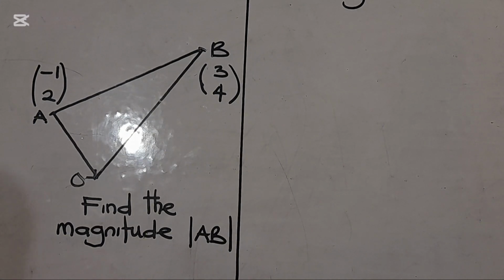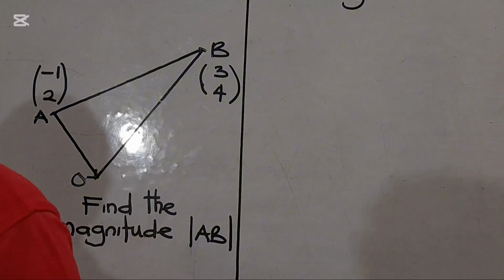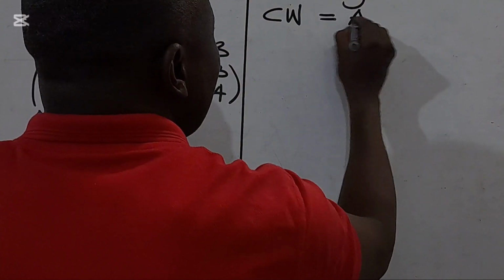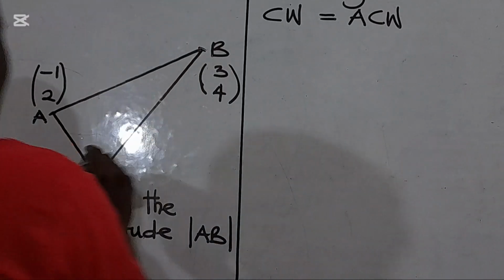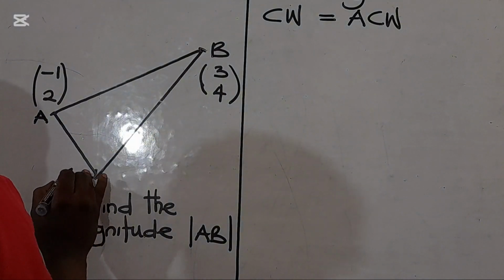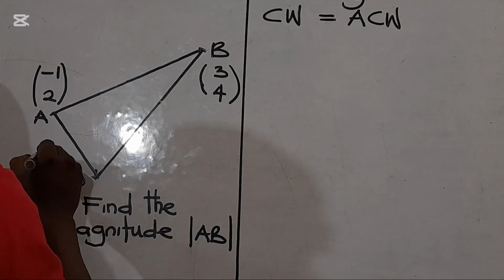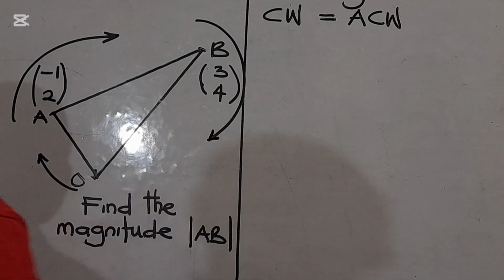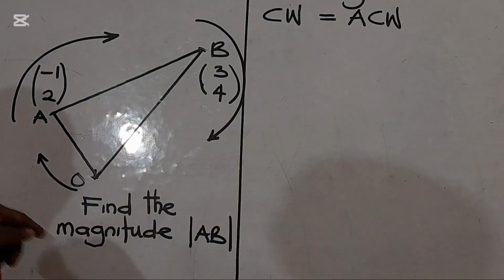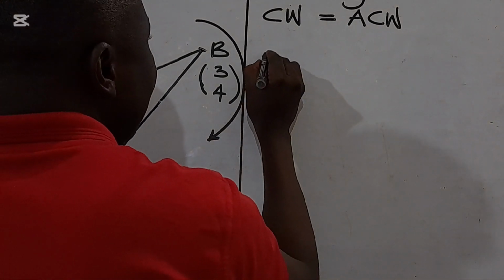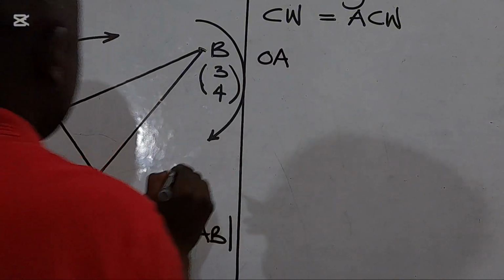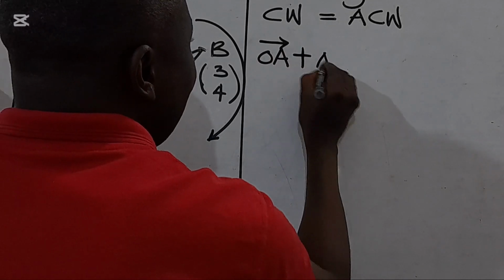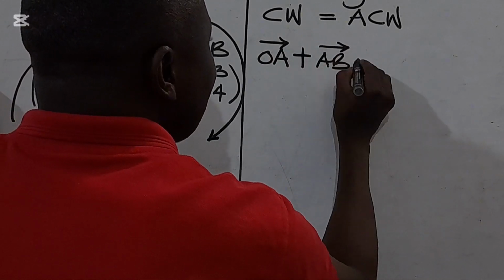Just as we've said, following that rule, clockwise equal to anti-clockwise. Go this way from our reference. OA is clockwise, AB is clockwise.